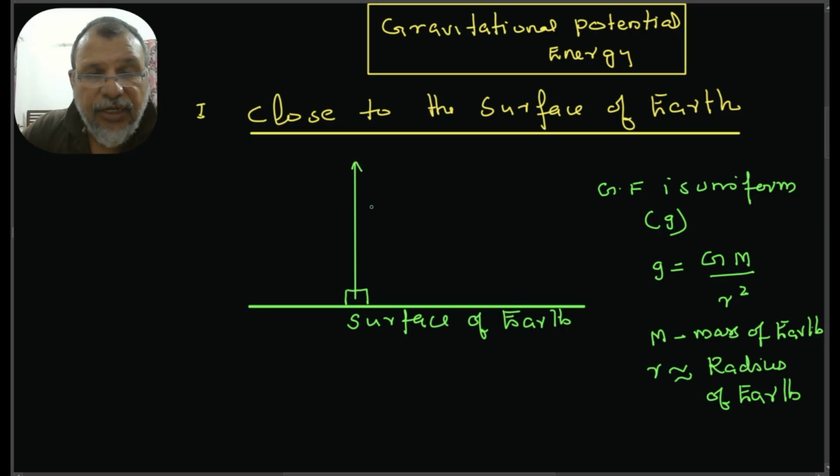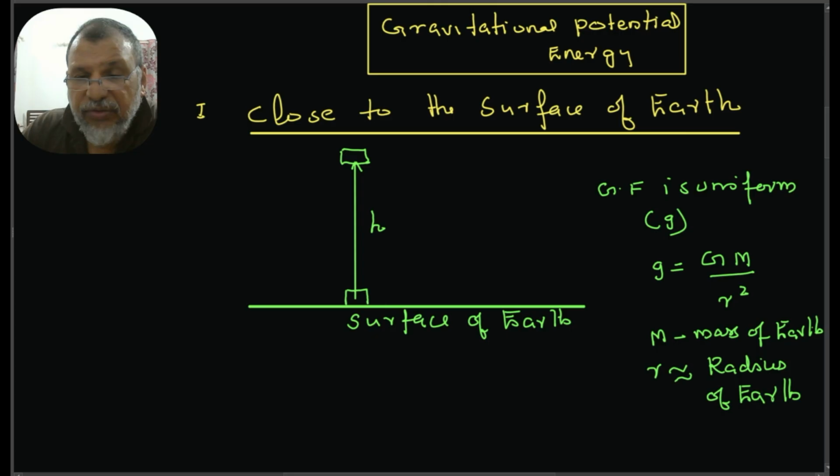So this is the height. So this is the body now. Now the body is here. So I can draw this diagram. Here we have the body now. Now this is the height through which the body is moved.